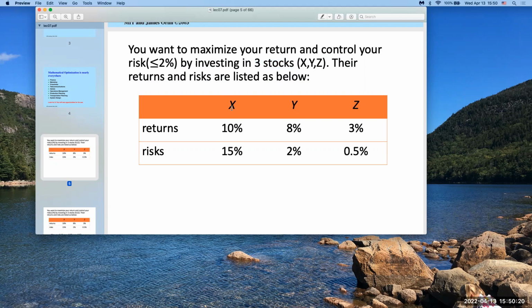For example, we can invest $100 in X, or we can invest 50 in X, 50 in Y, and 0 in Z. That's another combination. So you see, the problem starts getting very complex because we have so many choices.